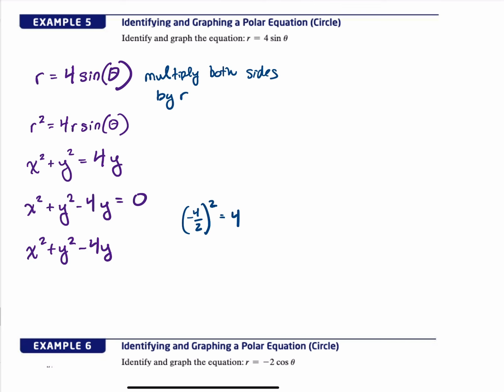So that should give us a positive 4. That's the number I'm going to add to both sides of the equation. And then that produces something with y that we can factor into a perfect square. Notice this factors into y minus 2 squared. And this will be equal to 4.